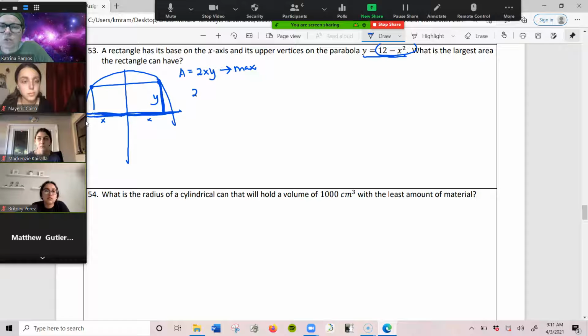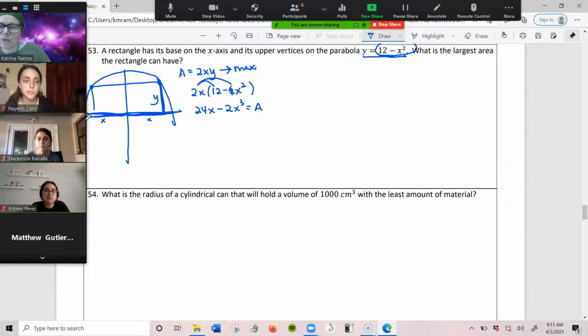So this is 2x times y, which is 12 minus x squared. So far, so good? Then we distribute the 2x, so we get 24x minus 2x to the third. So this is my equation for area.